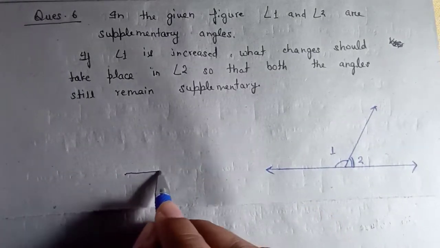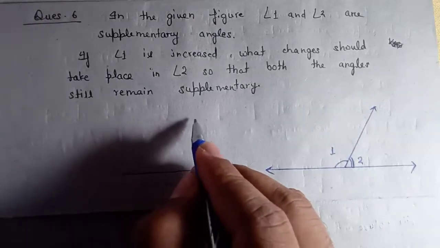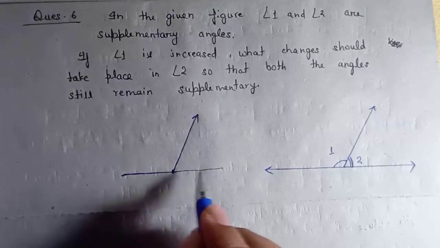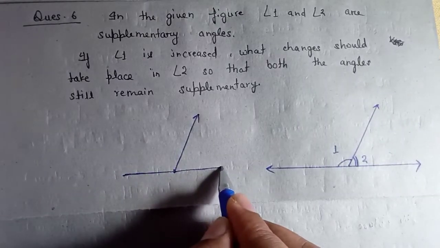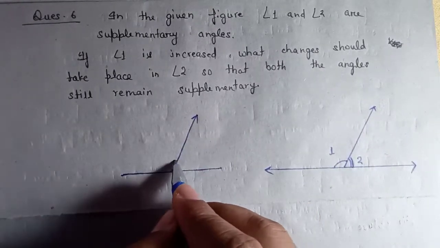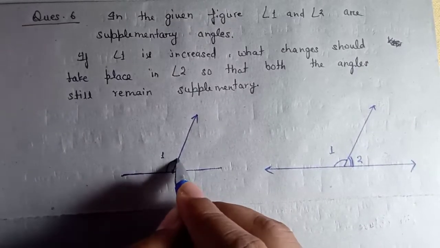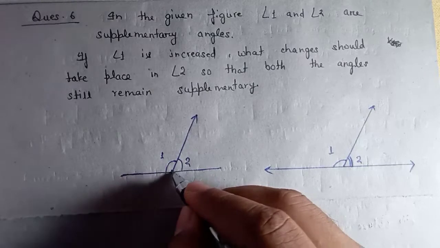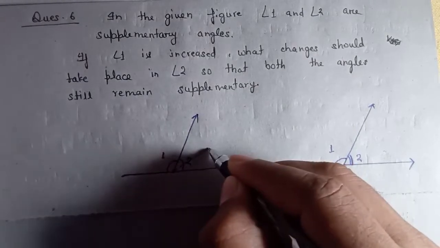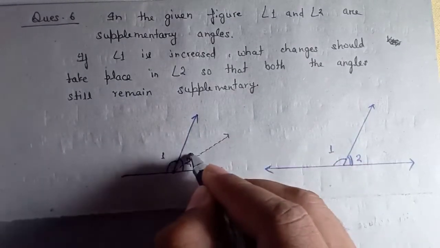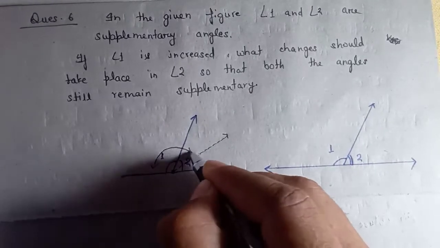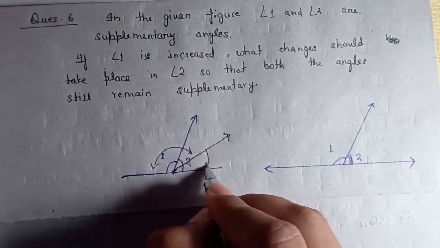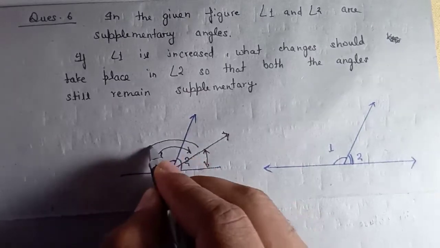Then when you increase angle 1, this is angle 1, this is angle 2, and consider you are increasing this angle 1, you increased it, but to make these two angles supplementary, one thing is very crucial.